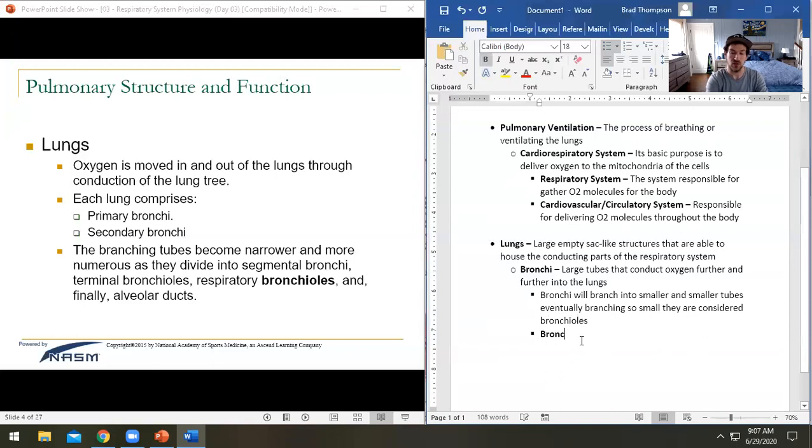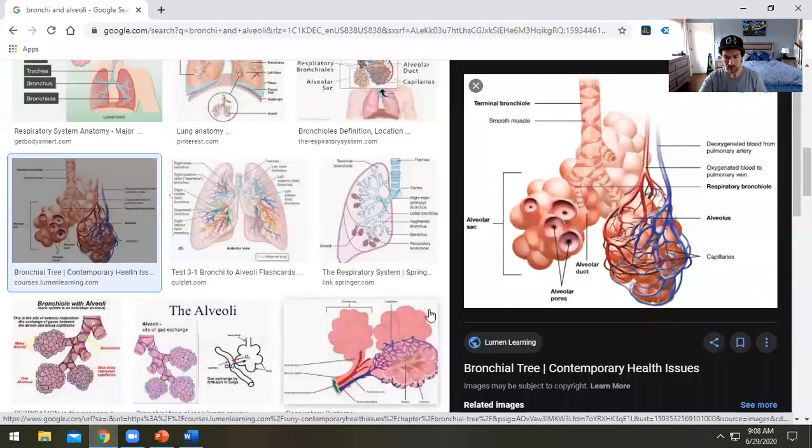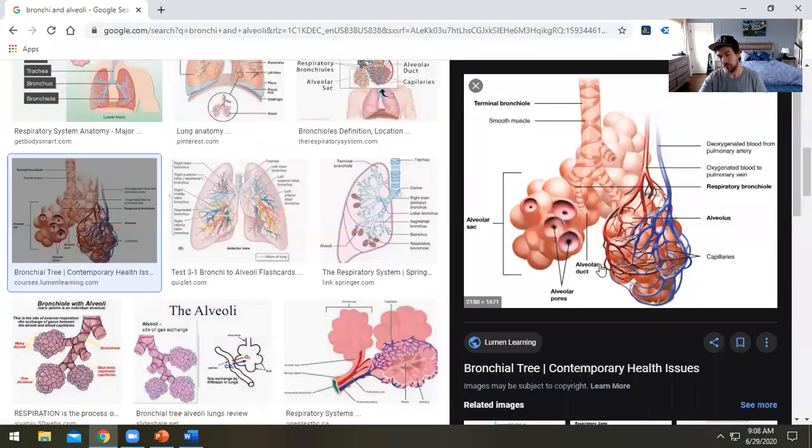And bronchioles, which are the small versions, are basically very microscopic branches from the bronchi that house the alveoli, okay? And so these get very, very small until eventually they become what we call alveoli.